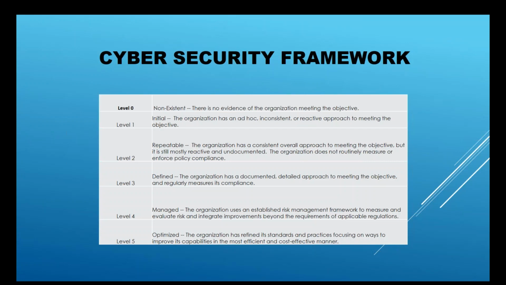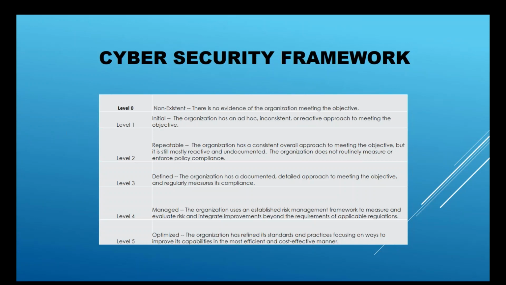In other words, we're doing it on an ad hoc, inconsistent, reactive basis. Level 2, we're doing that on a repetitive basis, but again, we're probably not measuring that on a routine basis, and it's still primarily reactive, and our processes and procedures are undocumented.